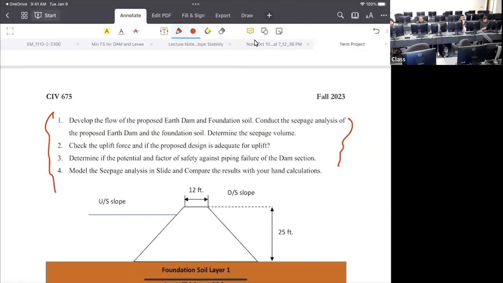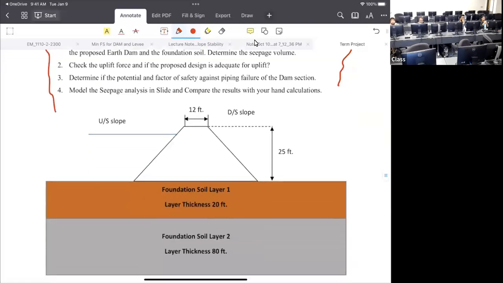So we're going to cover it next week. You need to run another set of analysis of the same thing and find out what the seepage is, and compare your hand calculation with the seepage analysis using SLIDE.